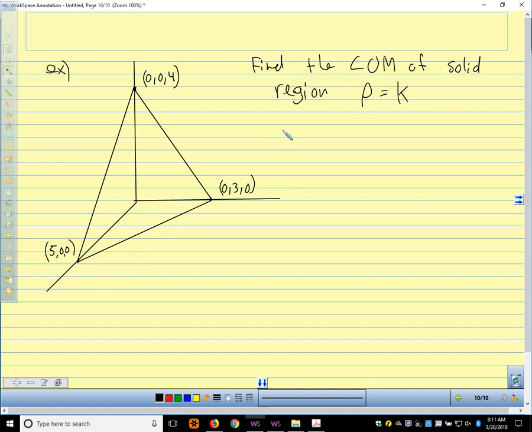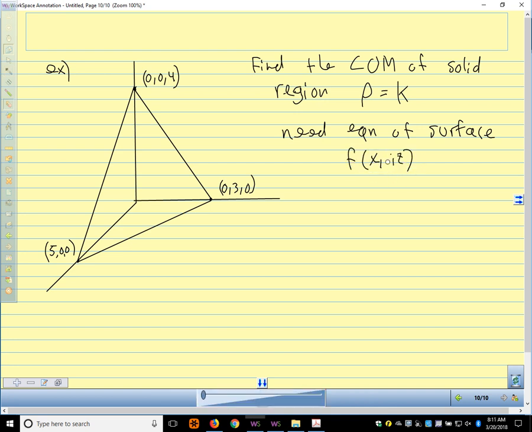That's pretty easy. But we need an equation of the surface. We need f of x, y, z, to set up our triple integral. Well, how are we going to do that?